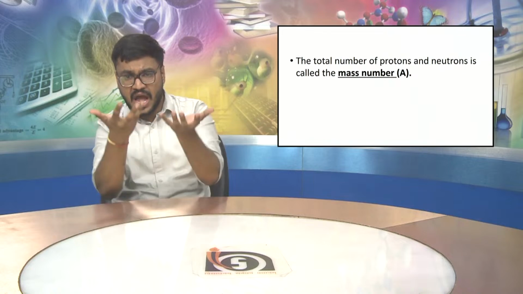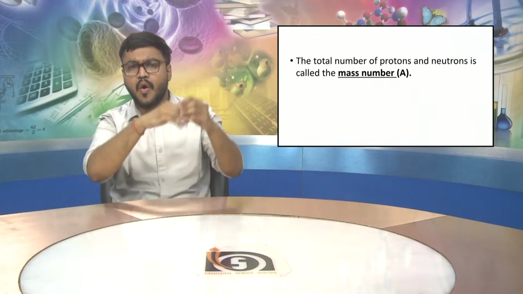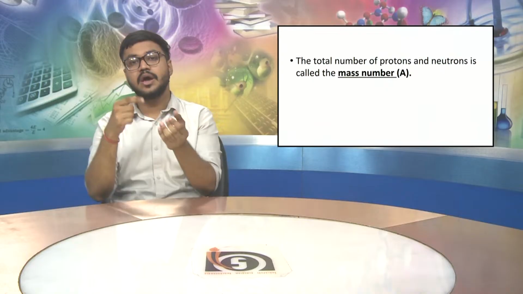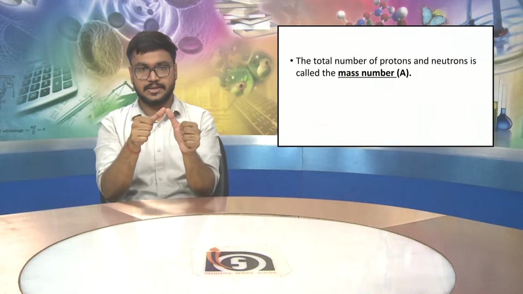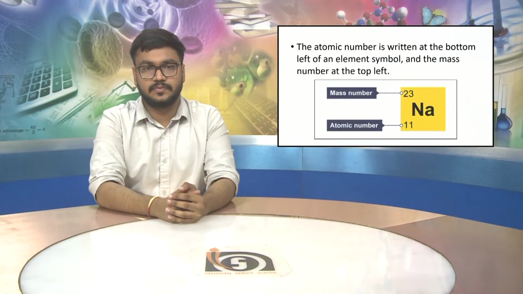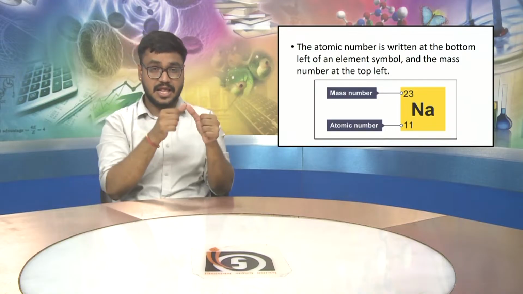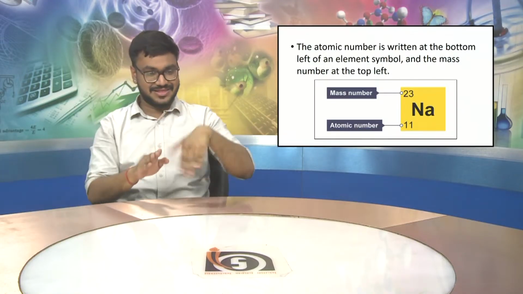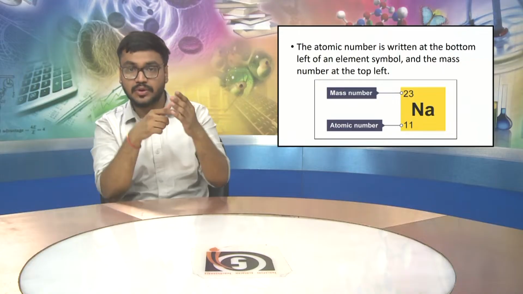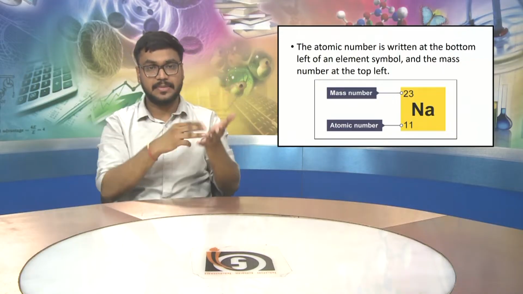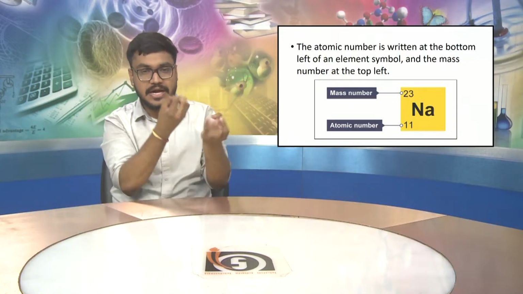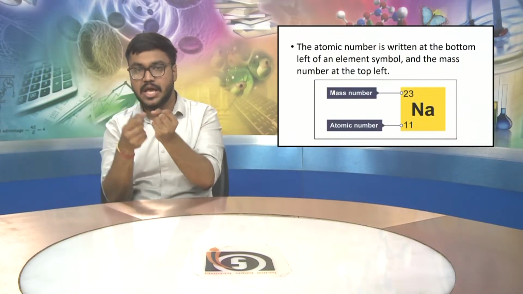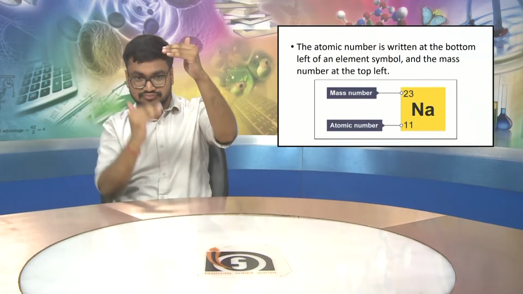The total number of protons and neutrons is called the mass number, which is denoted by A. The atomic number is written at the bottom left of an element symbol, and the mass number at the top left.